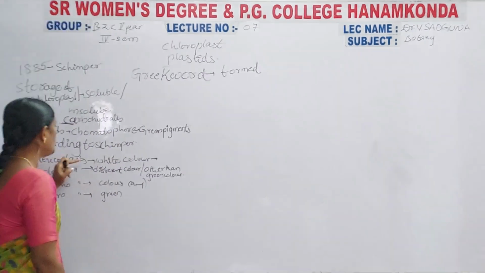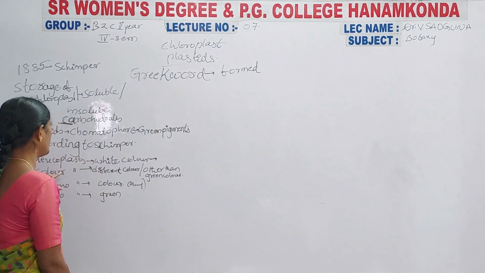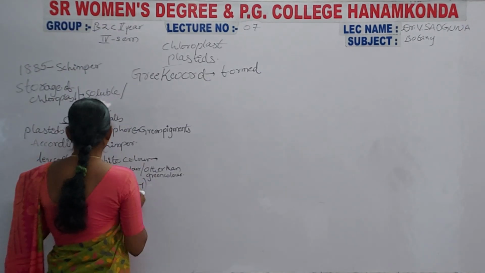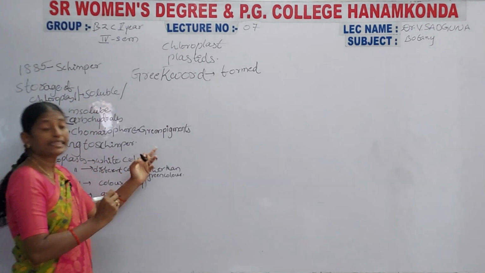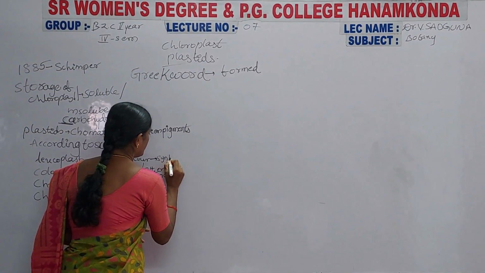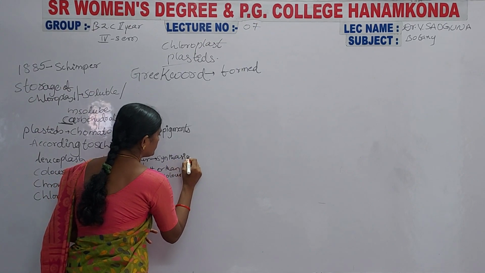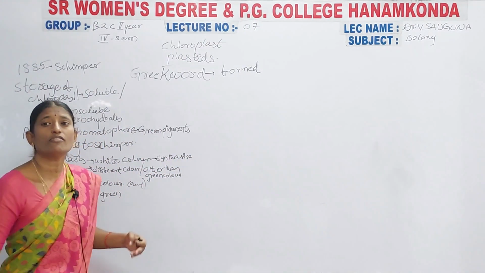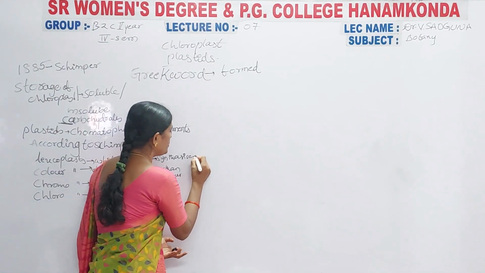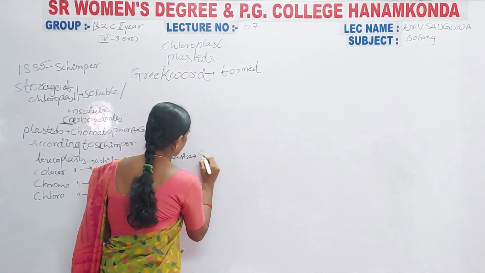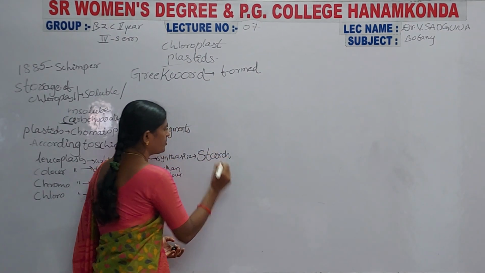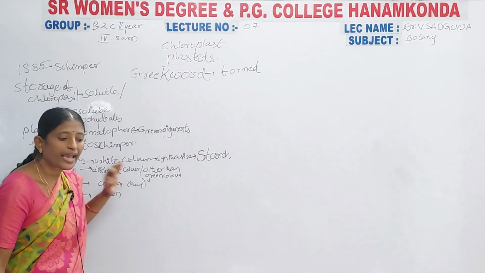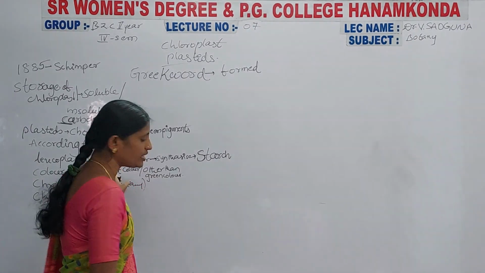That is why the leucoplast is one of the carbohydrate compounds, and it provides starch. Then again there are different types of color.